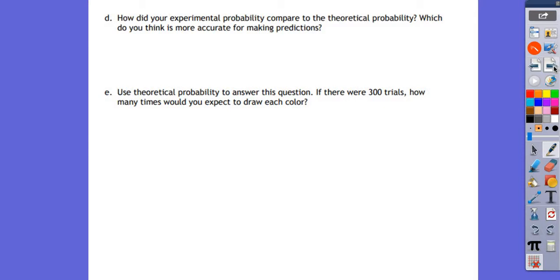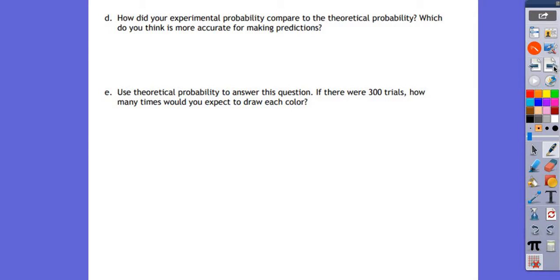Which has the more reliable outcome? Experimental, I could just so happen to get blue every time. If I do that same experiment the next time and I get all green, is my data equal there? No. The most reliable data is theoretical, because it has math behind it to prove why it could happen.